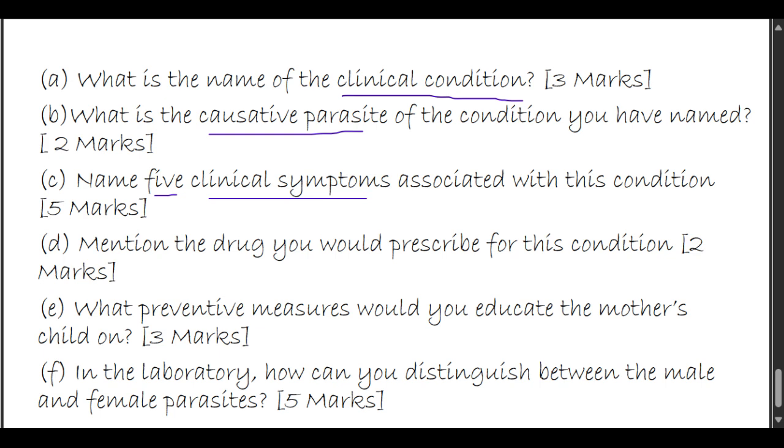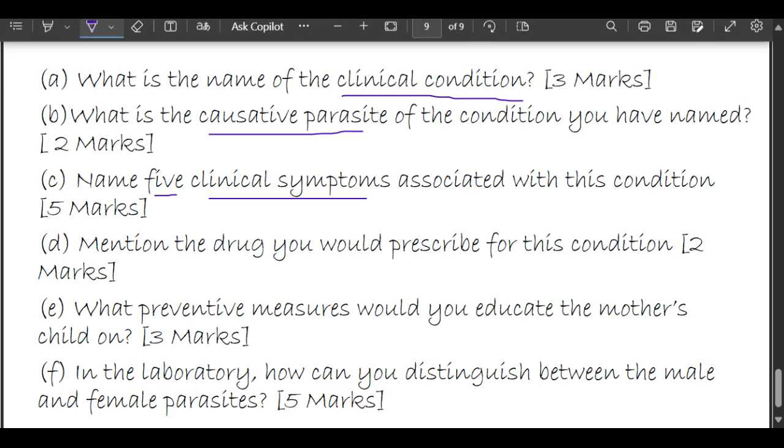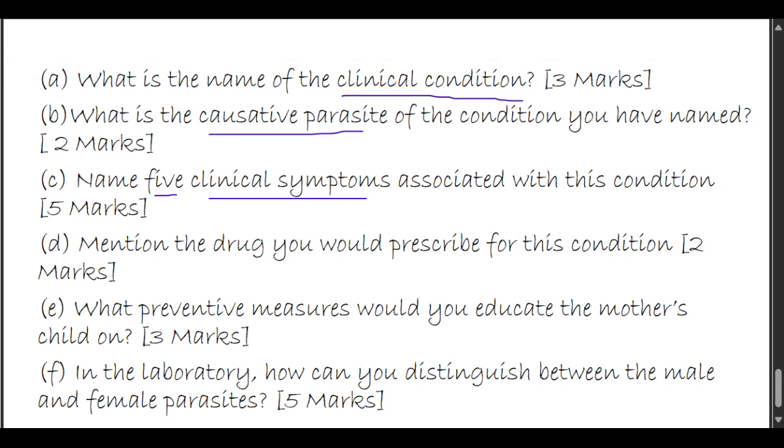Okay, so we might have mild to moderate symptoms. So when we're talking about mild to moderate symptoms, these might include abdominal pain, just like we mentioned when we were trying to elaborate on this particular parasite. We can have loss of appetite, we can have diarrhea, sometimes we can have even weight loss.